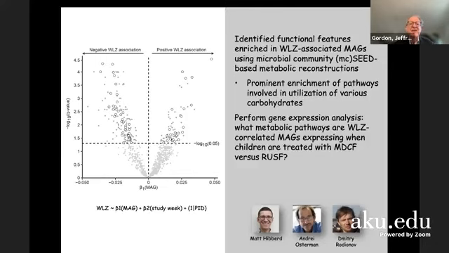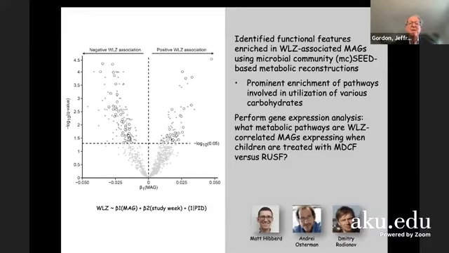And the shotgun sequencing, the DNA-based analysis, yielded metagenome assembled genomes. The algorithms for assembling shotgun sequencing reads into the genomes of bacterial strains that are represented in the microbiome have advanced rapidly. And we were able to identify 1,000 of these bacterial MAGs in this particular population.